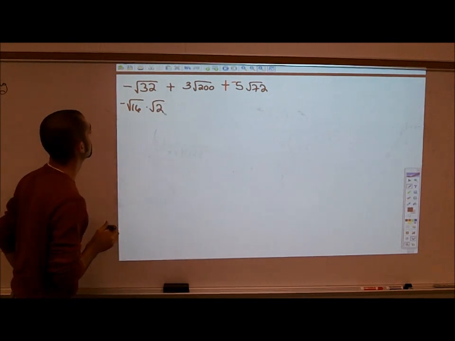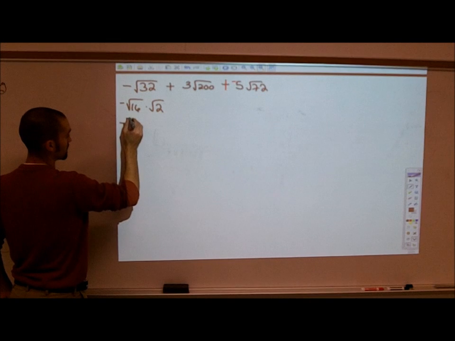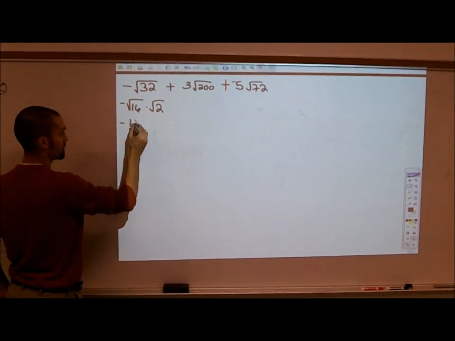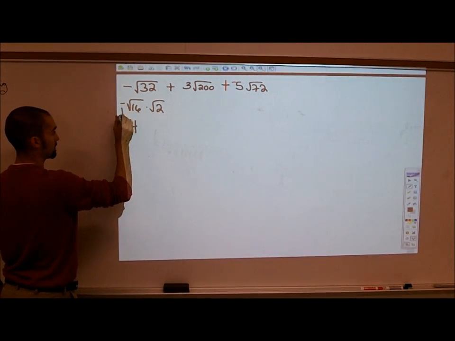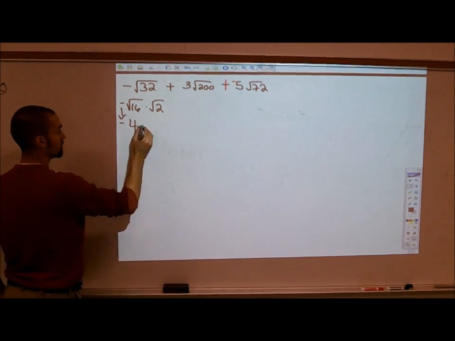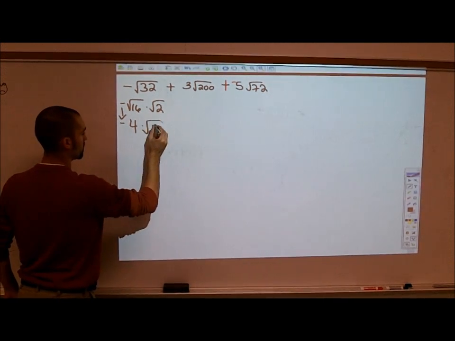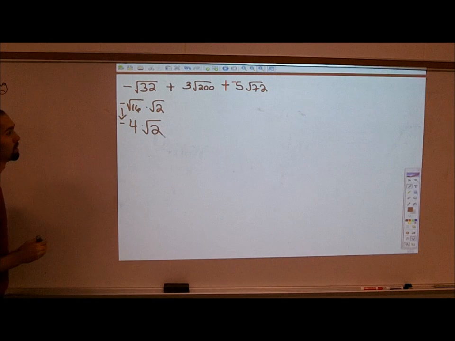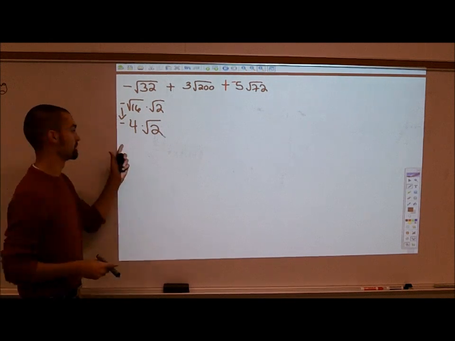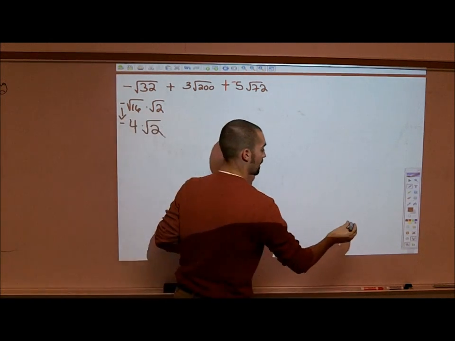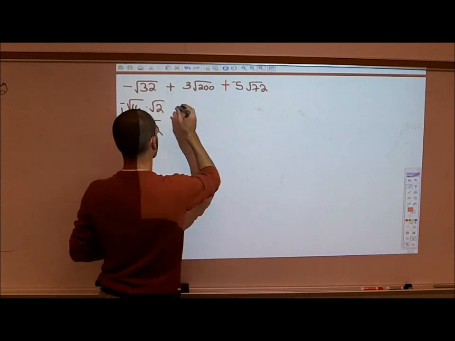All right. Well, that's going to be, the square root of 16 is a 4. In this case, it's going to be a negative 4 because we bring that down, times the square root of 2. Okay? Again, I cannot simplify this anymore, so I move on to my next guy.